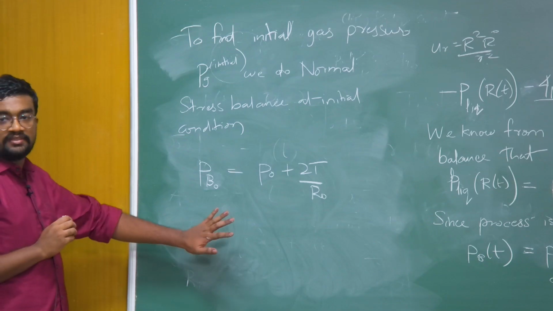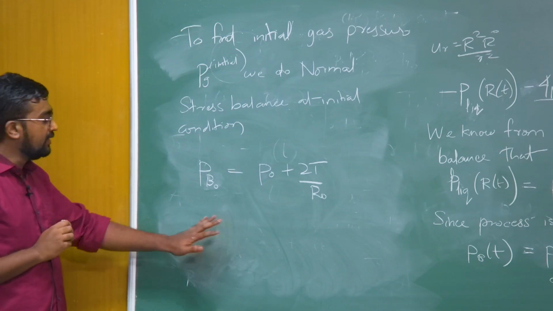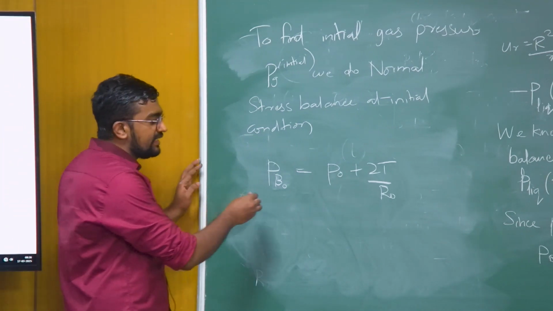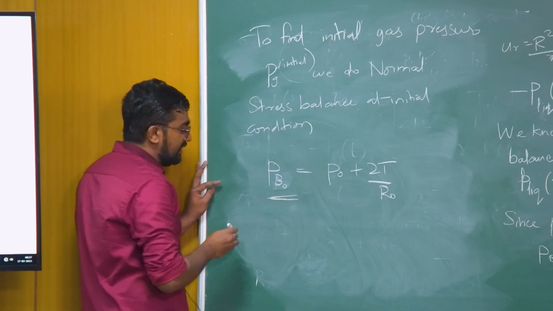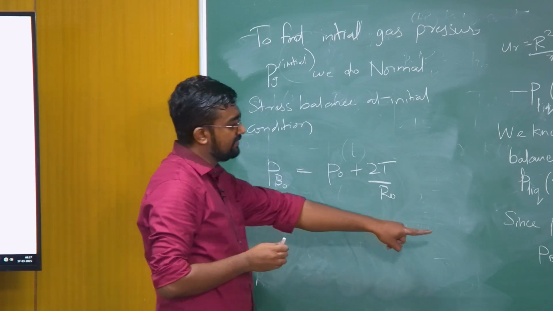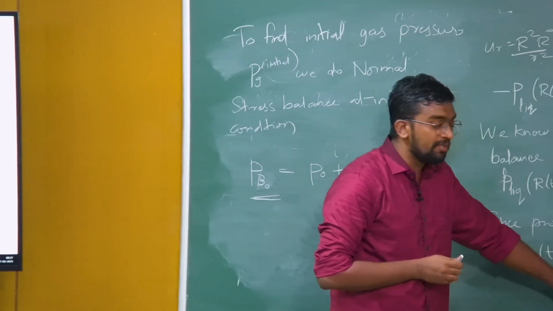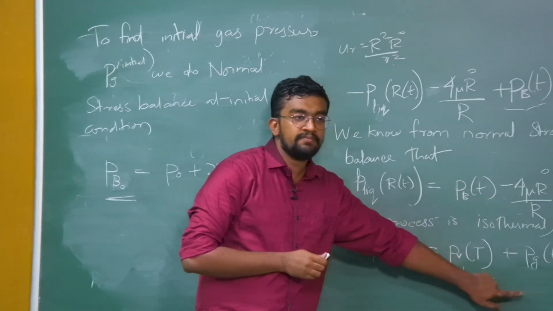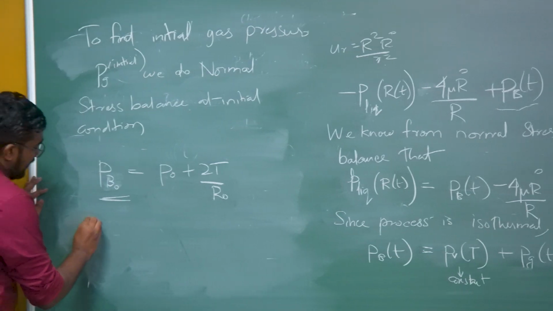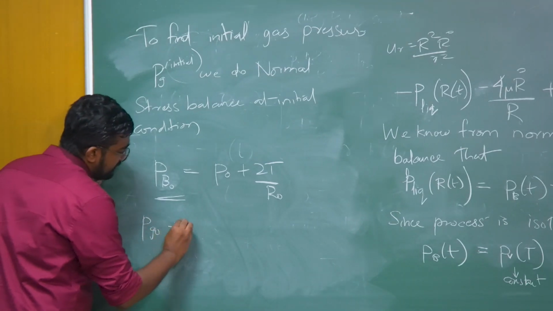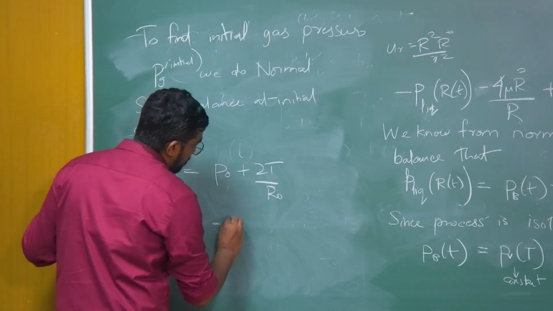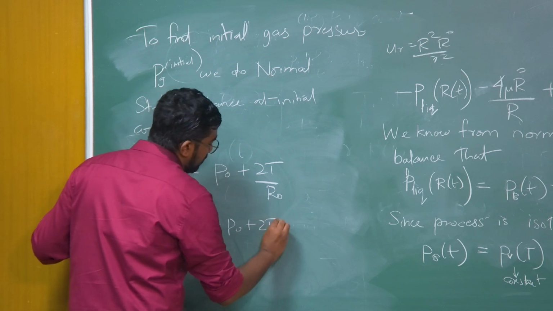Just the Young-Laplace equation. Okay. In this case also, the pressure inside has two components, the vapor pressure and the gas pressure. So, initial gas pressure plus vapor pressure is equal to P0 plus 2T by R0.